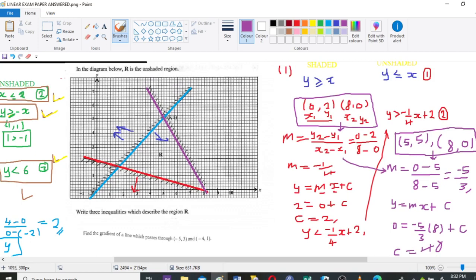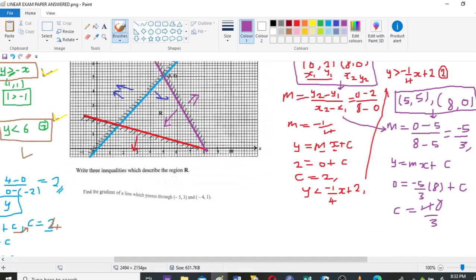So if this is the case, then writing our inequality, first observe what we have. Our graph is shaded upward, and these values are greater than. But what we are looking for is the opposite of what has been shaded, because the opposite of what has been shaded describes the unshaded region we are looking for.